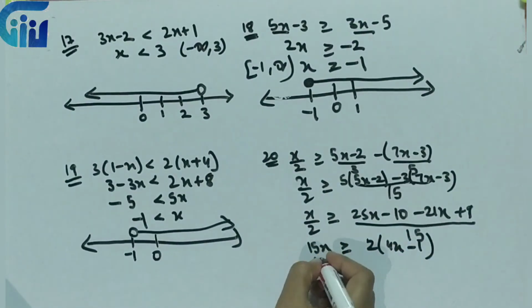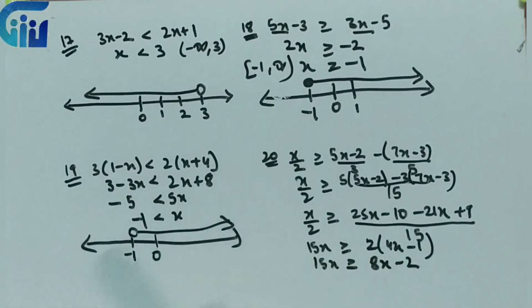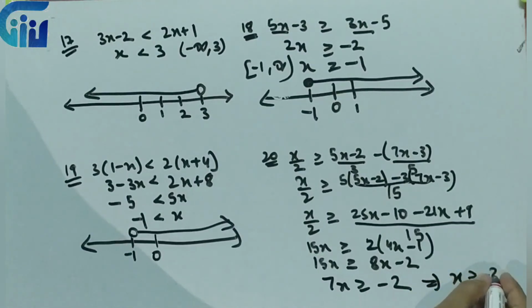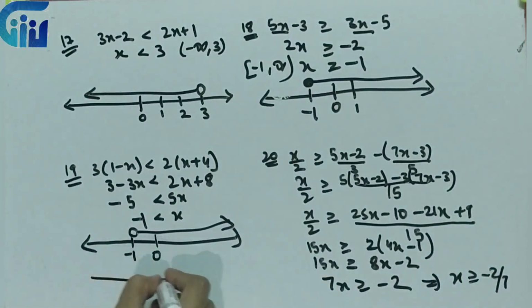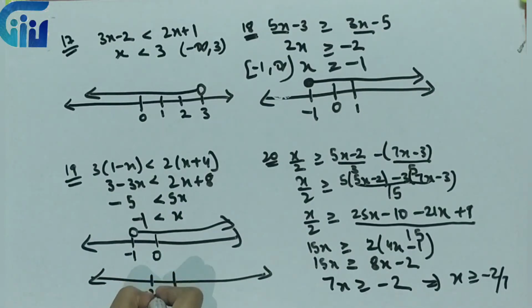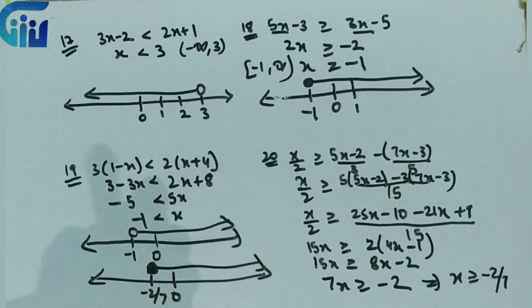So this will be 15x greater than or equal to 8x minus 2. If we solve it further, this will come out to be 7x greater than or equal to minus 2. So it will be x is greater than or equal to minus 2 by 7. So for this, the number line will be, if it is 0, we have minus 2 by 7 here. So it is greater, so the circle will be filled and it will point towards this.